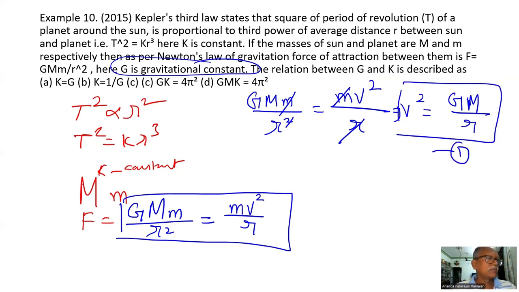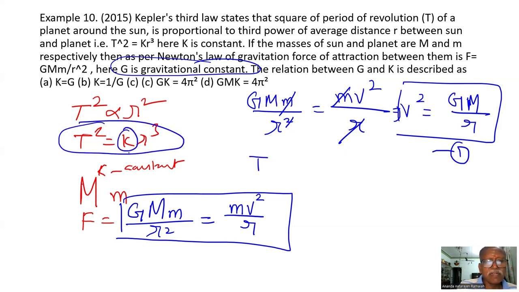We know that time period is given by T square equal to K r cube. We want a relation between this K and G. That's why take time period. Time period equal to what? Let us assume that it is circular. 2 pi r, perimeter, divided by velocity.